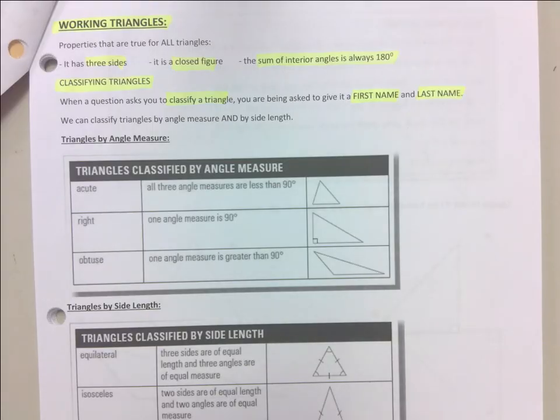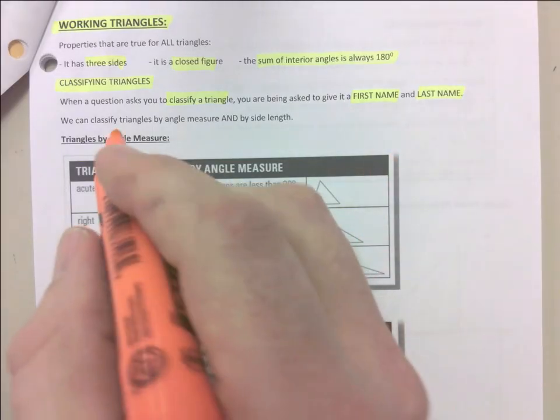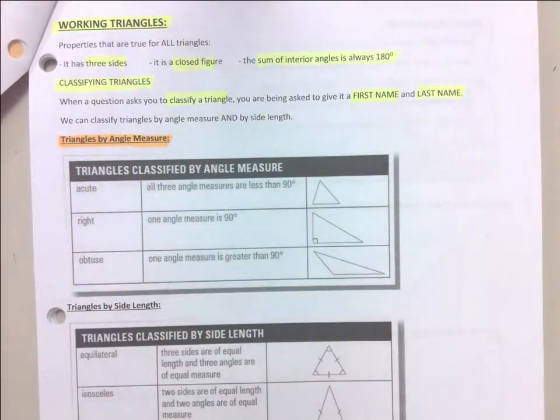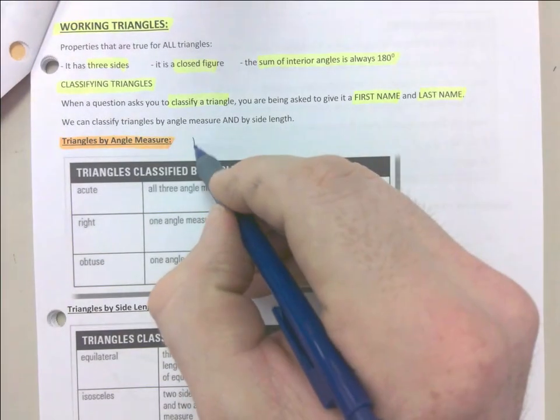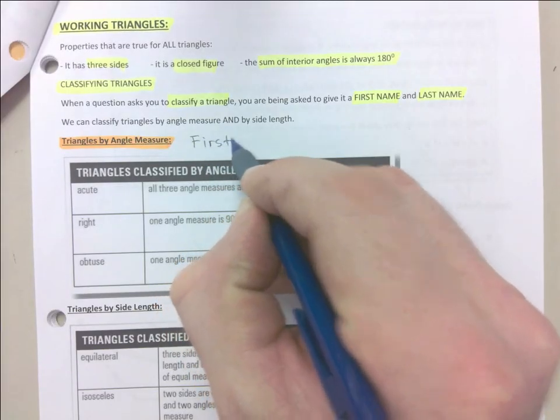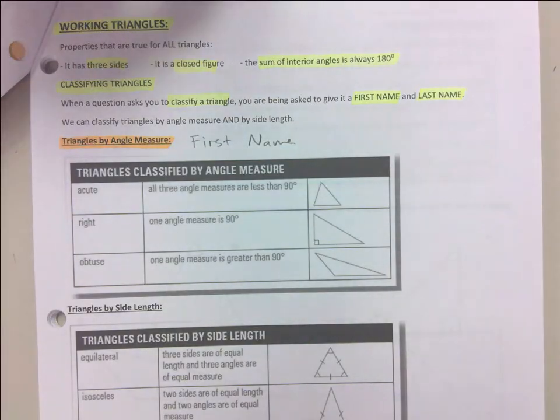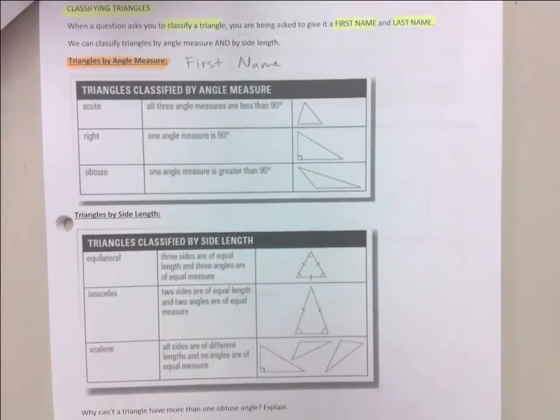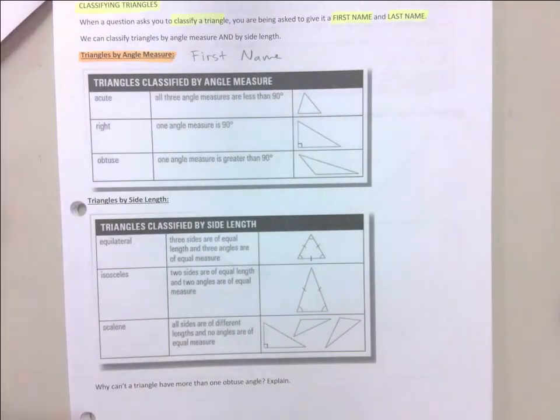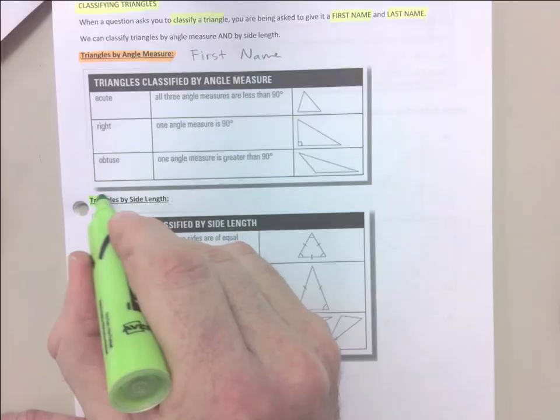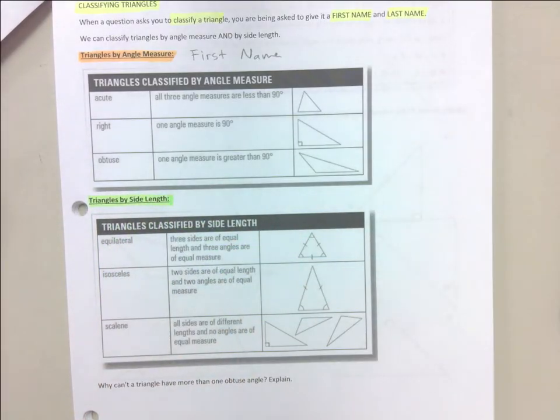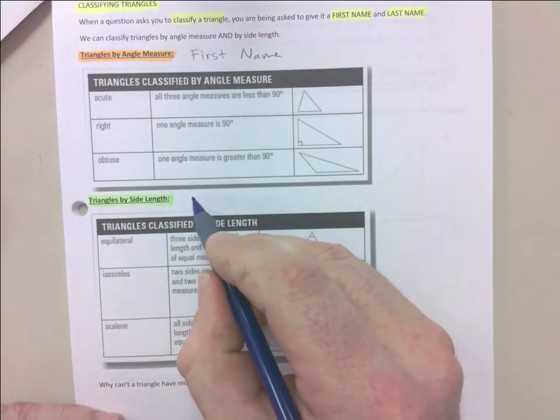We can give it the first name if we look at the angle measures. This would be the first name. And then every triangle also has to have a last name, and that is when we look at the side lengths of the triangles. So the actual measure of the length, okay?